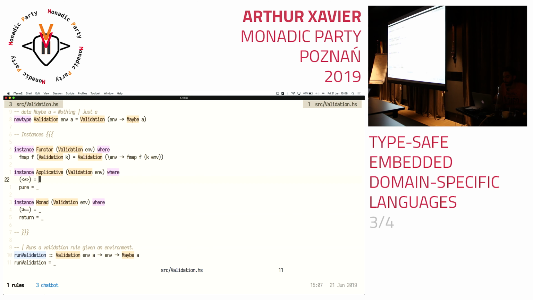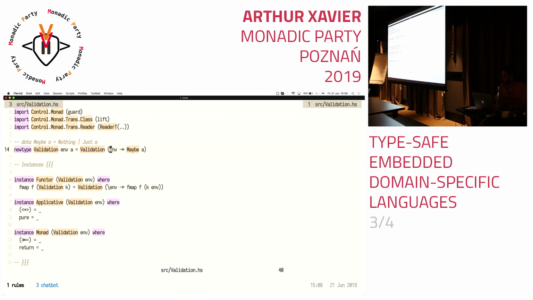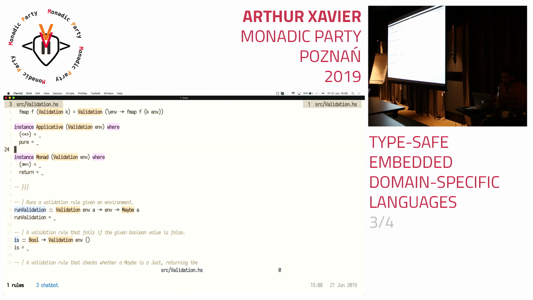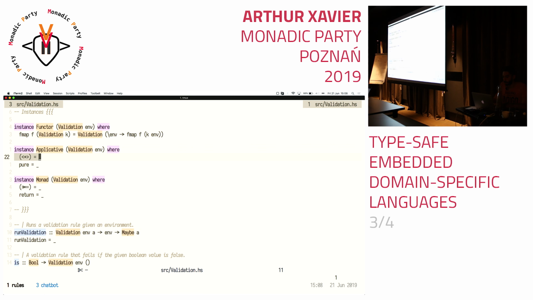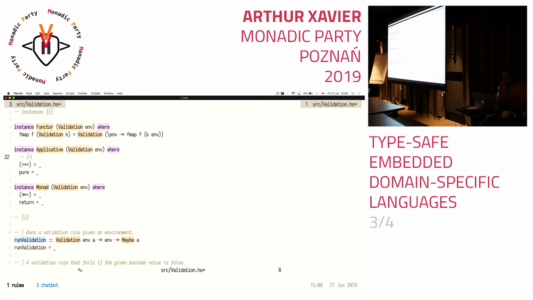The applicative one means that we can sequentially compose these effects, where by effects I'm talking about these two capabilities we have in this validation data type, which are accessing this environment and the short-circuiting behavior given by Maybe. And we need to implement these two functions in order to do that. From the signature of apply, we know that given a validation env of a function, and given a validation env of an A, we must be able to produce a validation env of a B, okay?